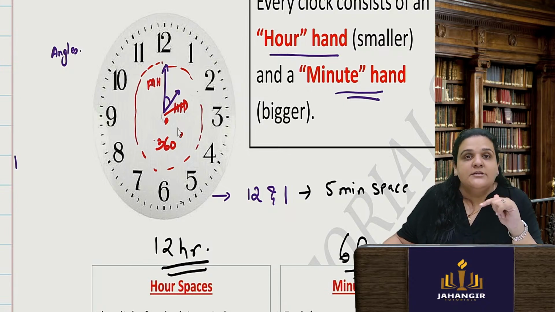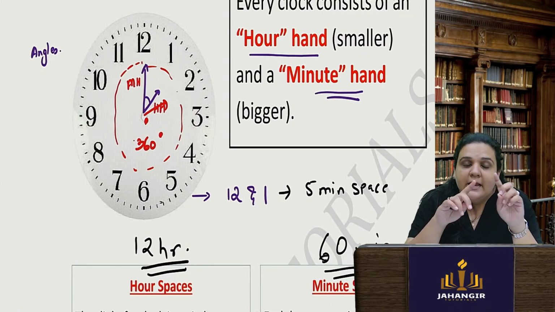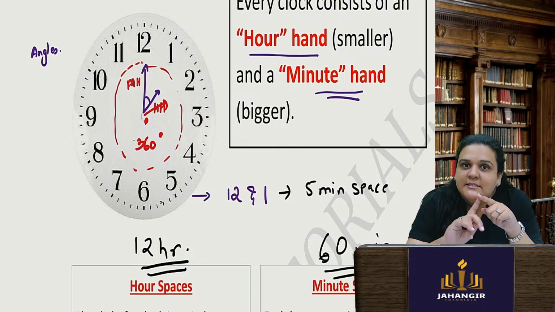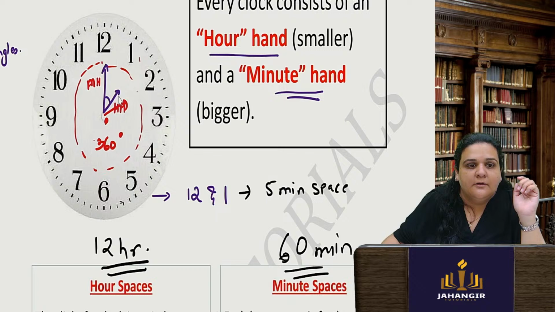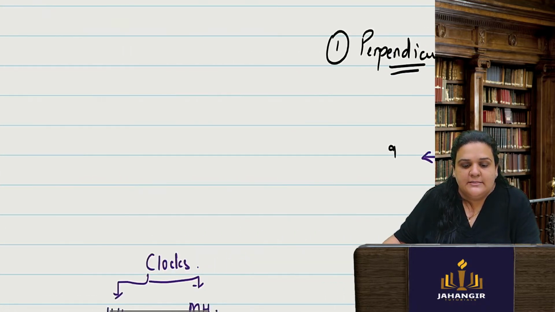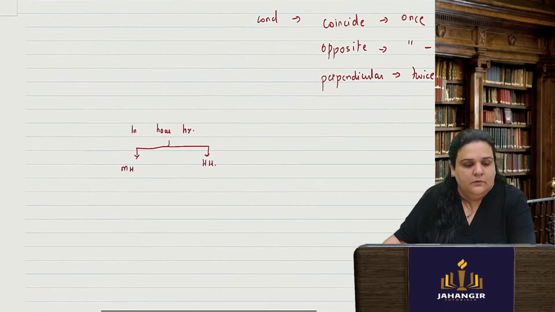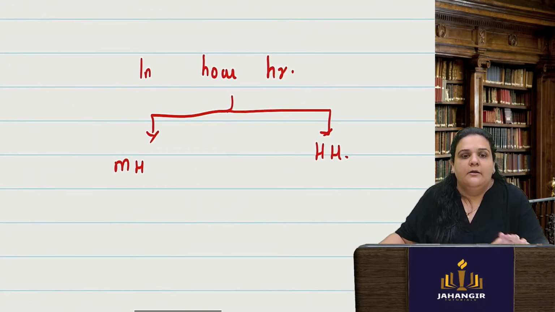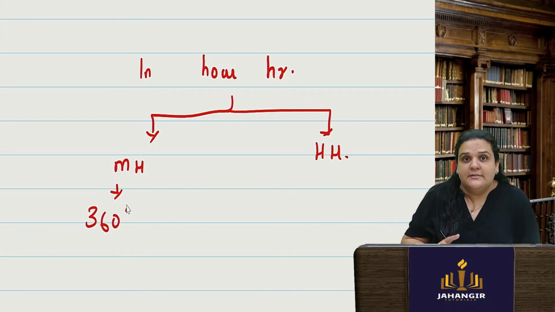If I want to talk in angle form, the minute hand is going to move the entire 360 degrees. But how much is the hour hand going to move? We have 12 hours. The entire circle circumference is 360. So we can find out the angle between 2 hours. In 1 hour, the minute hand is moving 360 degrees, completing the entire circumference.